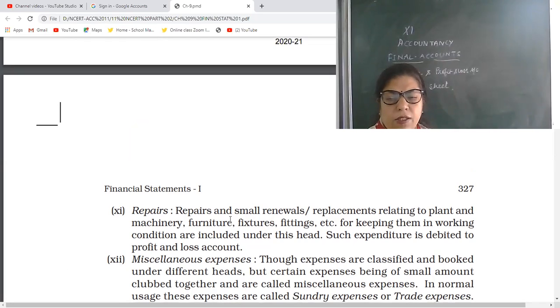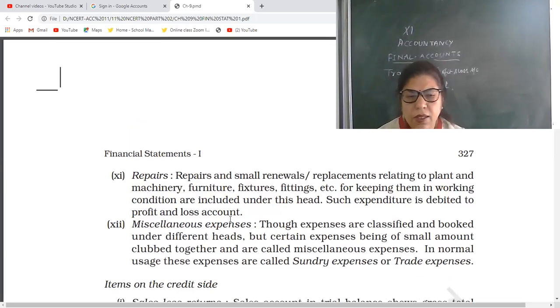Miscellaneous expenses, various expenses, which are known as trade expenses. See, trade expenses are never included in the trading account. The name is similar, we know it, but trade expenses are generally related to selling, distribution, office expenses. That's why they are to be included in P&L account.